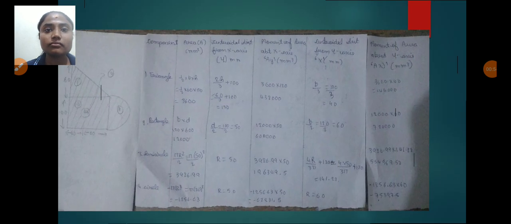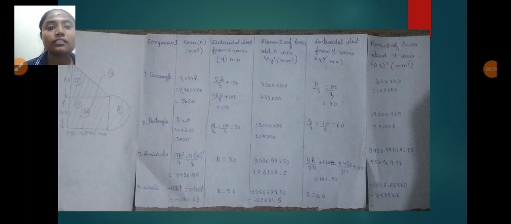Now let us try to solve the problem to find the centroid of this figure. To find the centroid, these are the components which we need to solve. First one is component and the second one is area, which is in millimeter square. Centroidal distance from x-axis, which is y, measured in millimeter.